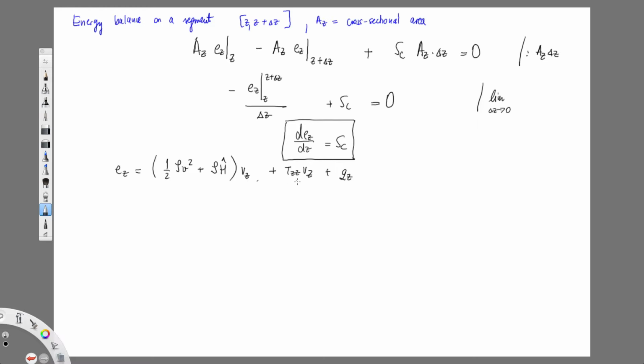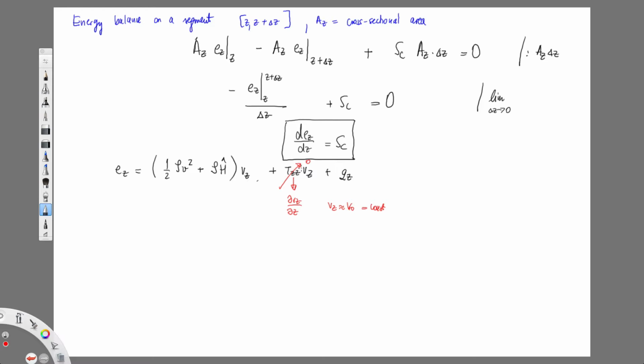And then I have tau_ZZ, which is dV_Z/dZ. Since V_Z is assumed V0 constant, that's the part that is going to disappear. I'm trying to look for what's going to disappear first.